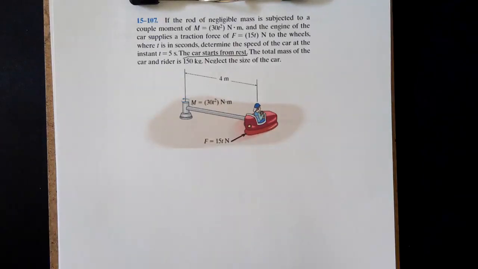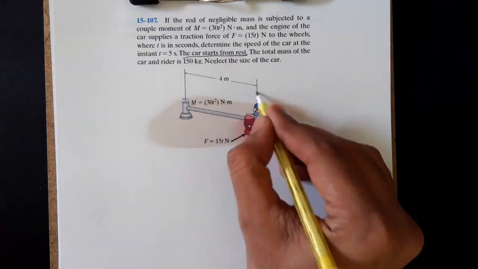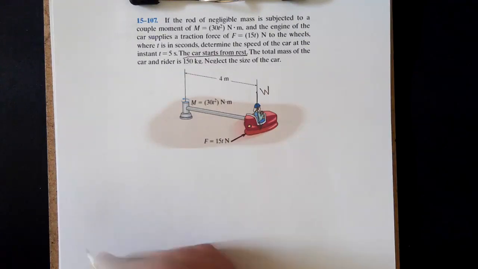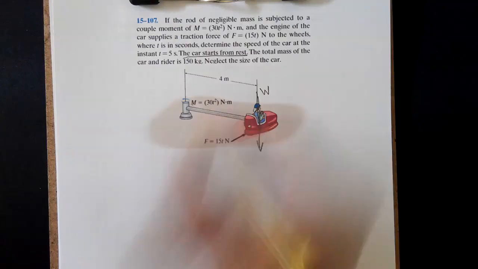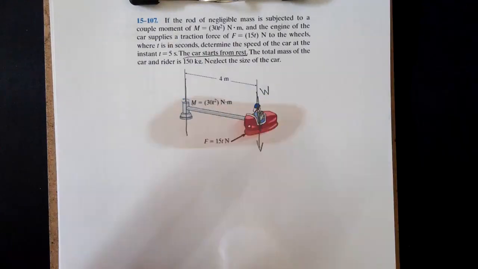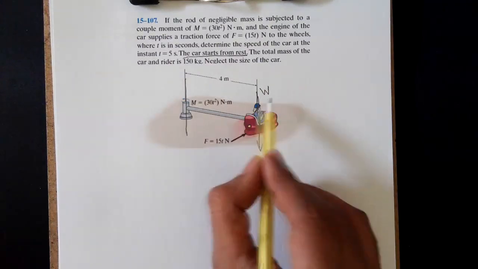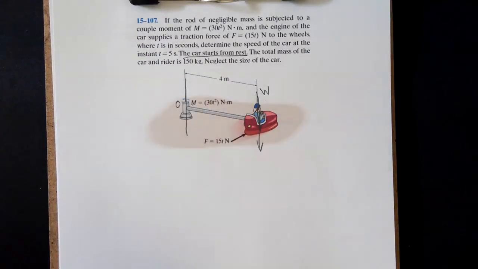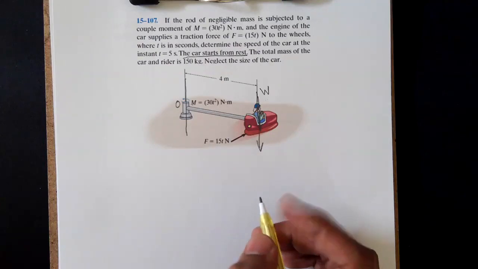So in this example, the weight, which is 150 kg, acts downward. This is W, which acts downward here. This is the axis of rotation. Since W is parallel to the axis of rotation, there is no moment from W about O. Only two externally applied moments we need to consider in the problem.